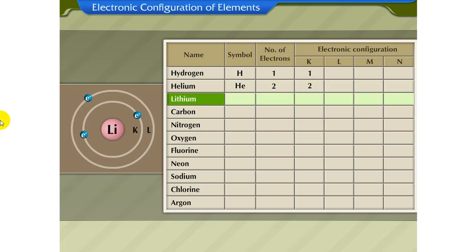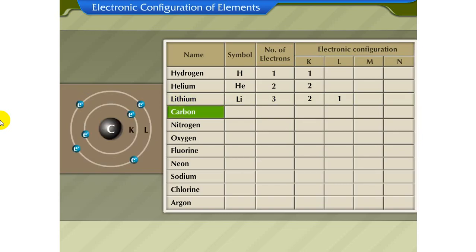Next is lithium. Its symbol is Li. The number of electrons is 3. Therefore, the electronic configuration is 2, 1. This means that there are 2 electrons in the K shell and 1 electron in the L shell.